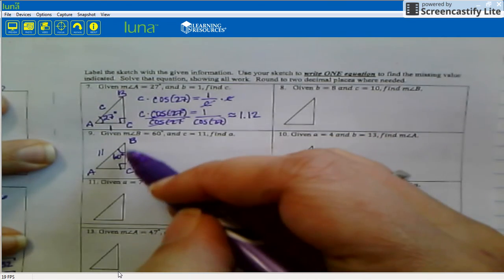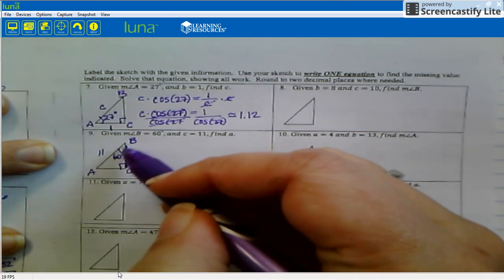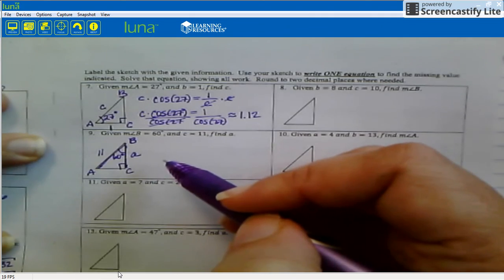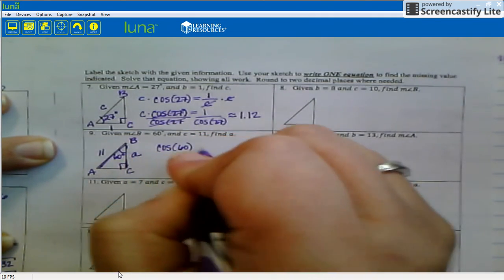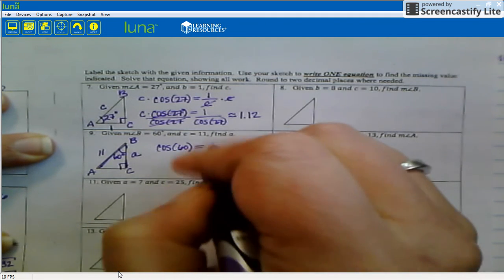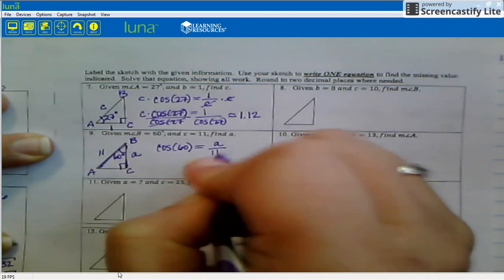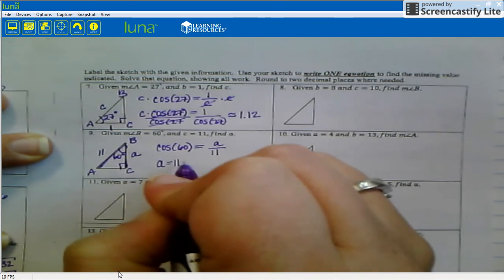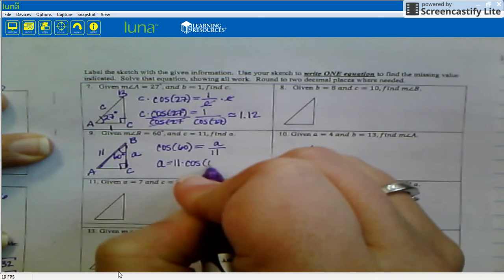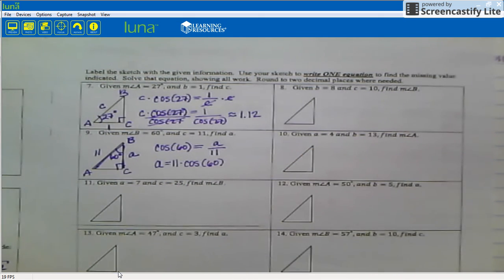So from here, I have the adjacent side and the hypotenuse. So I'm going to use cosine again. So I have the cosine of 60 is equal to a over 11. And so from here, I know that a is equal to 11 times the cosine of 60. So 11 times the cosine of 60 is going to give me 5.5.